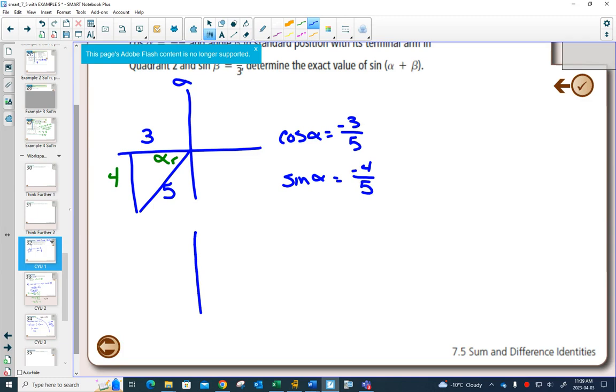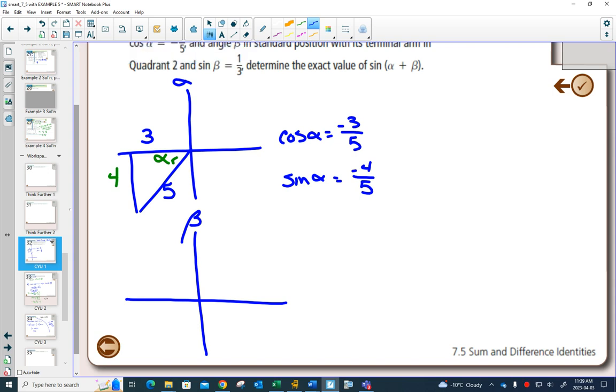Next, we can draw our beta triangle. We are told that beta is in quadrant 2. Draw to the nearest x-axis, so you can label your reference angle for beta. We know that sine of beta is 1/3, that's opposite over hypotenuse. And a squared plus b squared equals c squared.